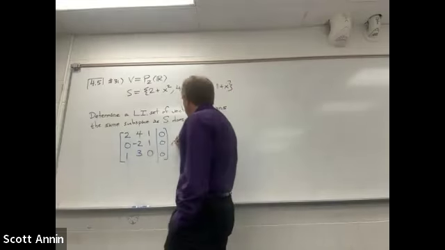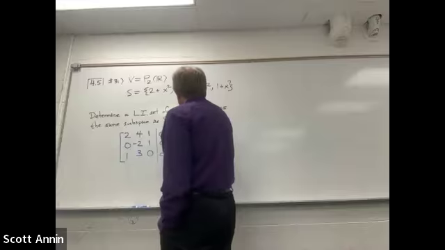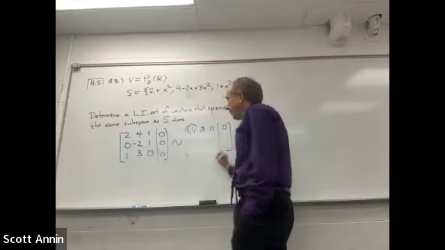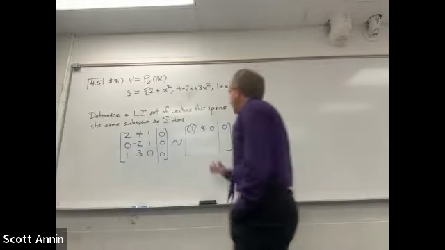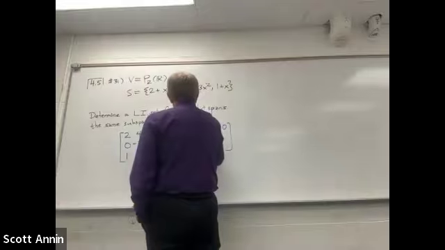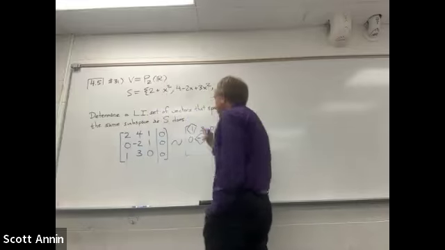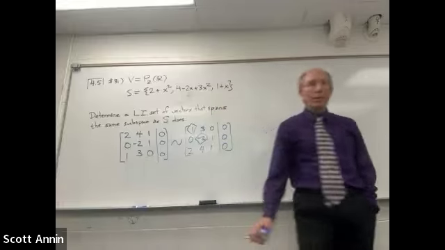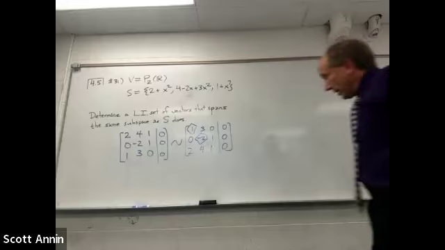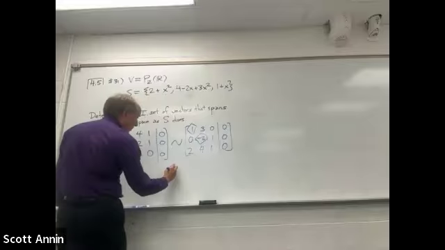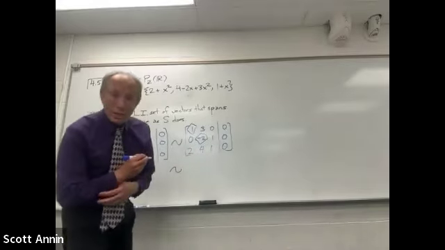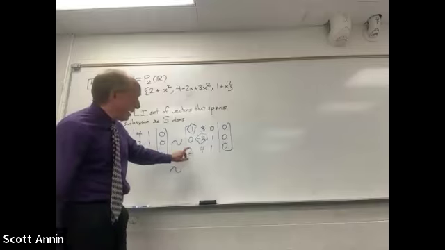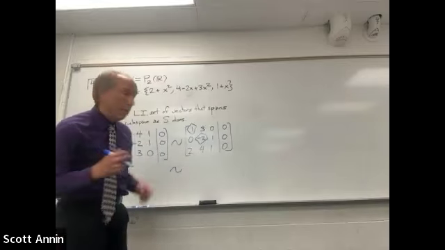To do that, I'm going to need to do some EROs again. I'm going to move the bottom row up to the top. I'm going to leave the second row exactly where it is. I won't change it at all. And I'm going to move the top row all the way down to the bottom. So it's going to look something like that. The next thing I'm going to do is try to get this into a better row echelon form. I need to turn this 2 that's in the lower left corner of the matrix into a 0.